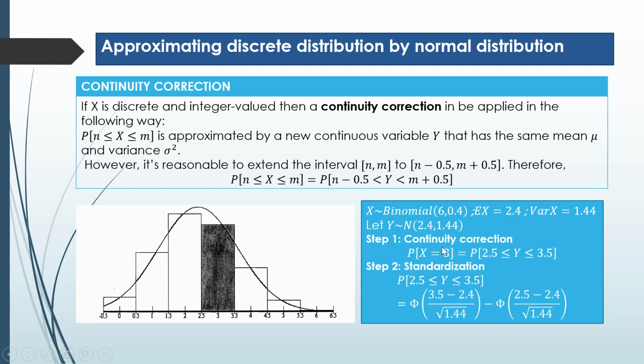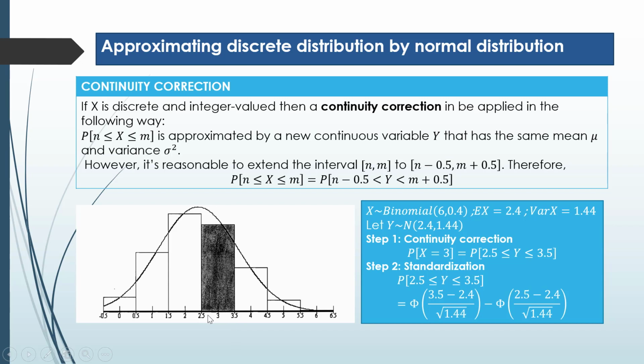And to use continuity correction, basically we extend 3 to the left and to the right to create a rectangle, because for continuous, basically we use a rectangle. So here we subtract 0.5 to find the lower point and add 0.5 to have the upper point.